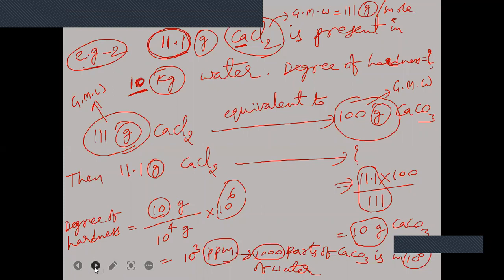And now, suppose you are given any other salt. Suppose calcium sulfate is mentioned. Calcium sulfate, what is the gram molecular weight, GMW? Calcium, how much? 40. Plus sulfur, atomic weight? 32. Plus oxygen 16, 4 times 16 is 64.